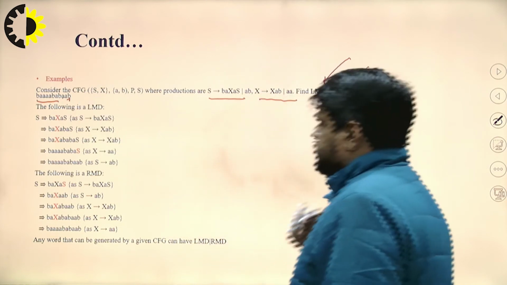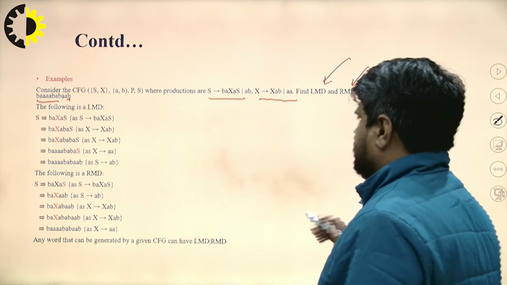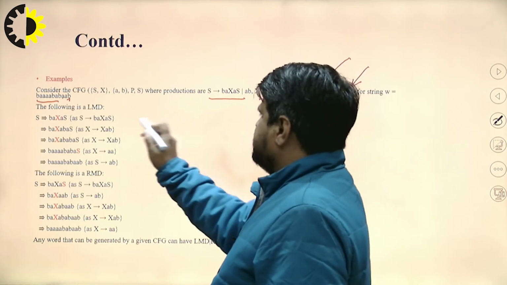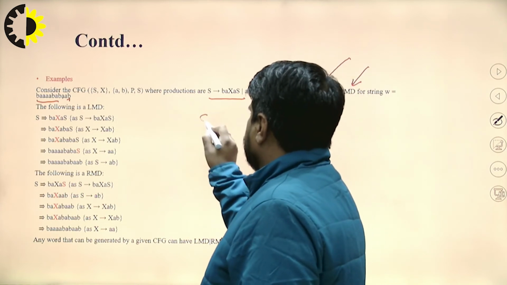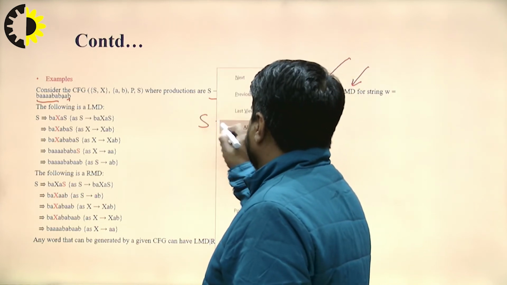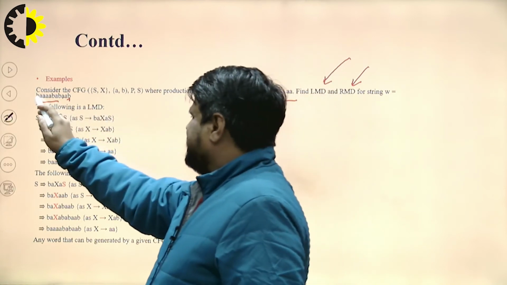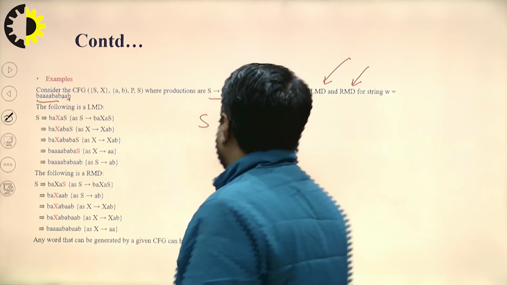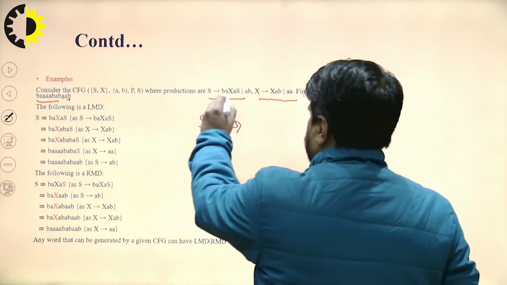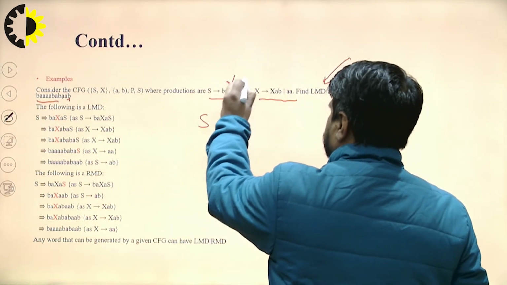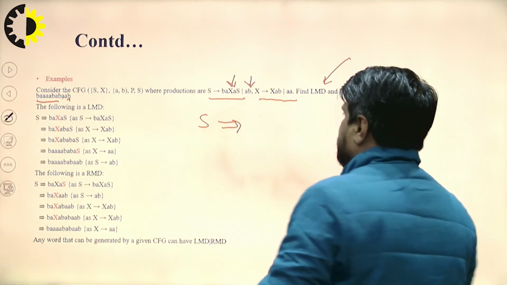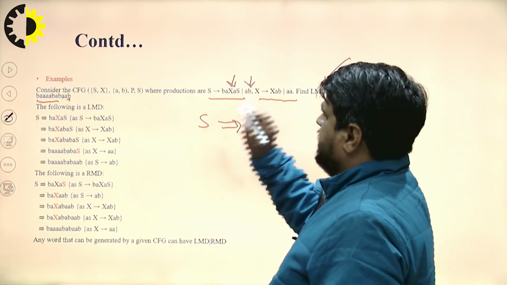In order to generate this particular string, I will start from the starting symbol. From the starting symbol, I will choose the first production, because we want to generate B. How can you generate B out of these two productions? Either you choose this one or this one. The first one gives you the B at the beginning.